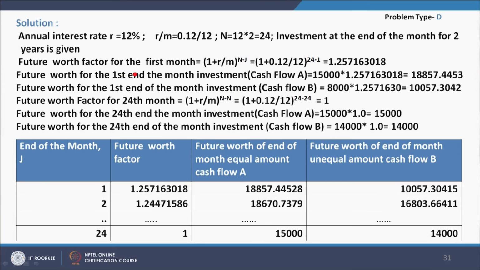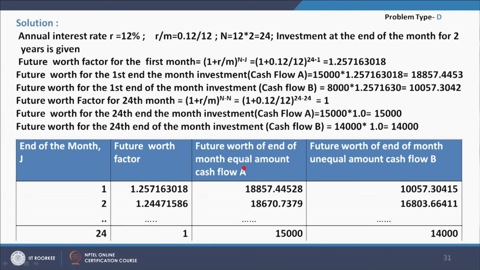The future worth factor of the first month is (1 + R/M) to the power N minus J. For the first month J is equal to 1, so this comes out to be 1.257163018. This is the future worth factor, and it is written here.